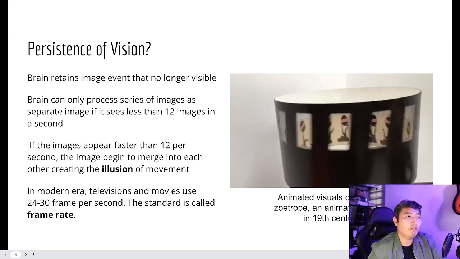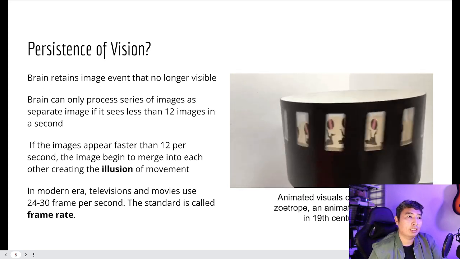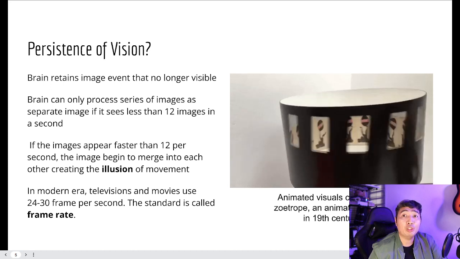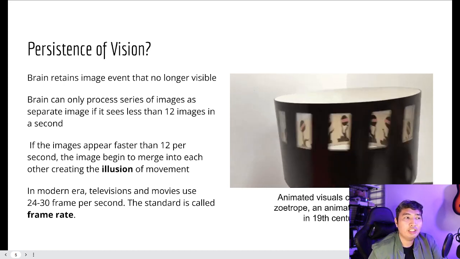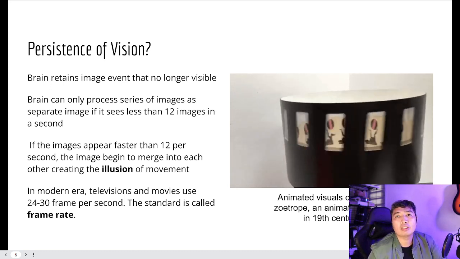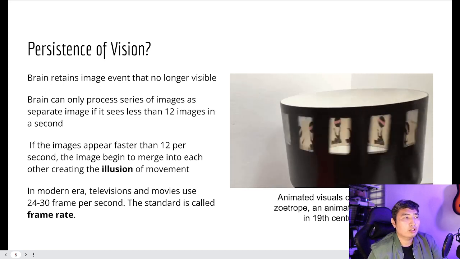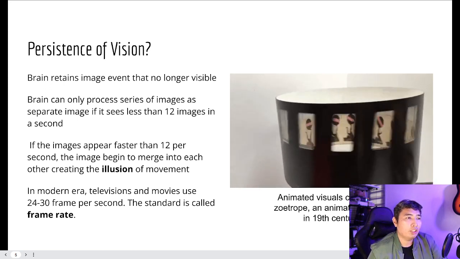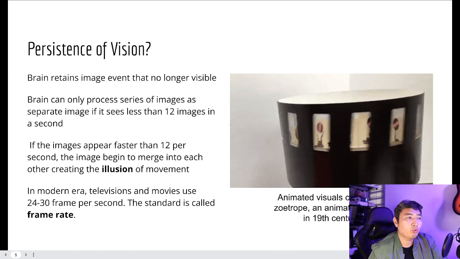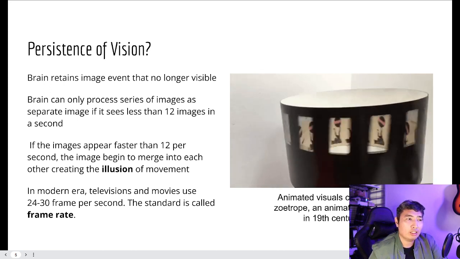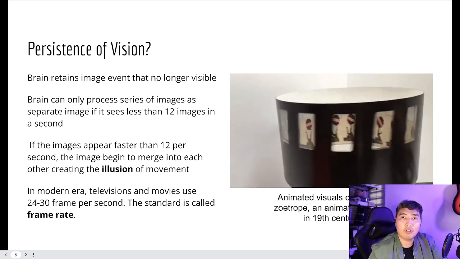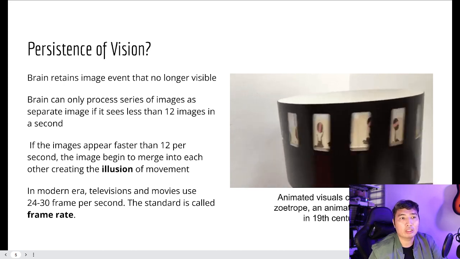If the images appear faster than 12 per second, the images begin to merge into each other, creating the illusion of movement. Alright. So in the modern era, television and movies use 24 to 30 frames per second. This frames per second standard is called frame rate.